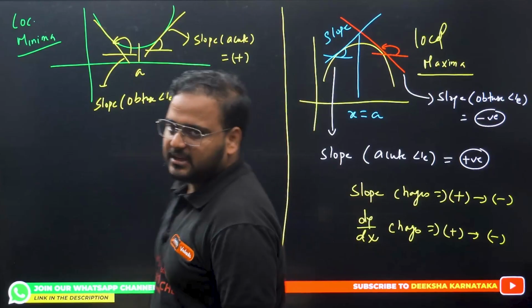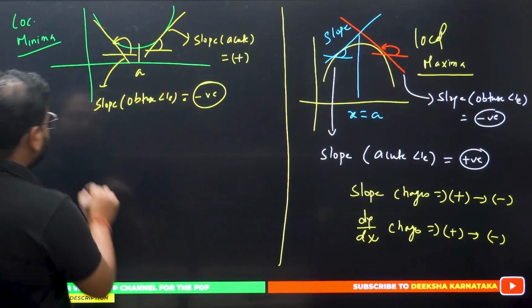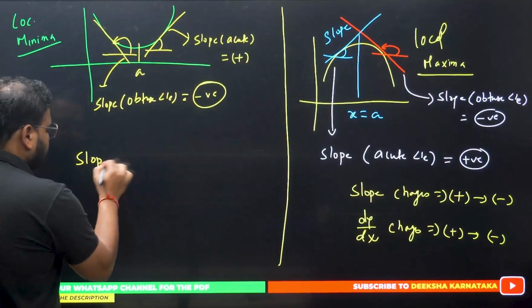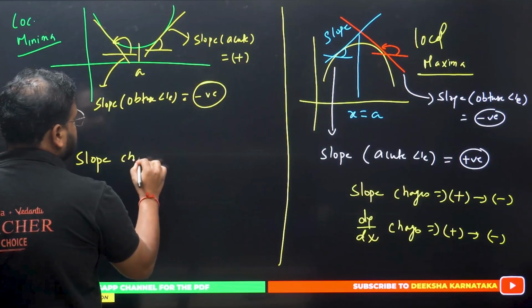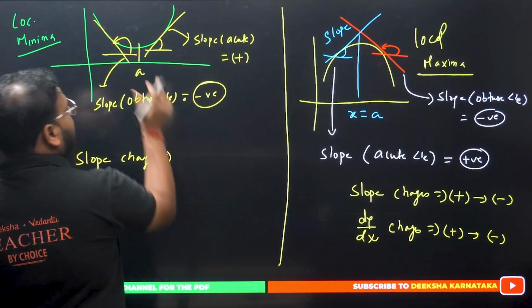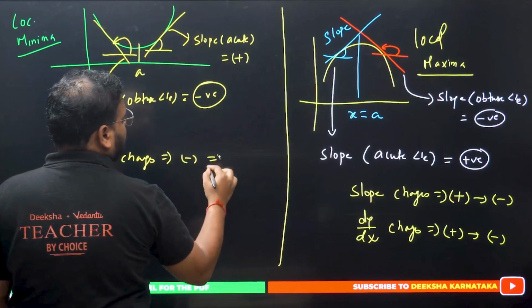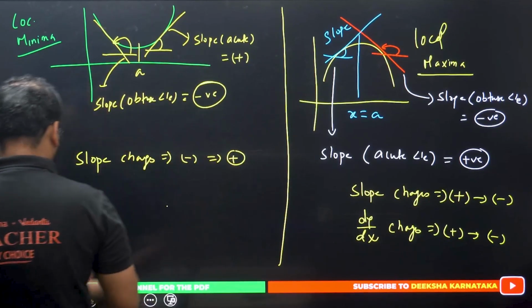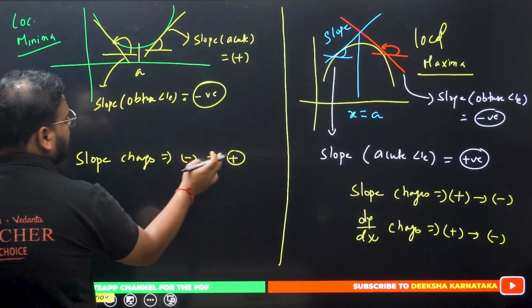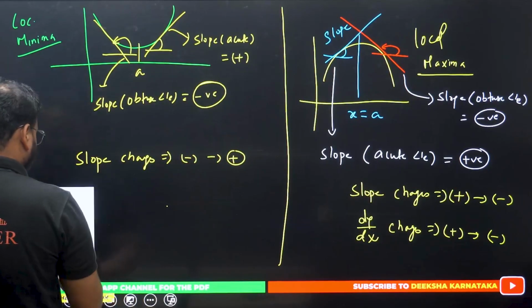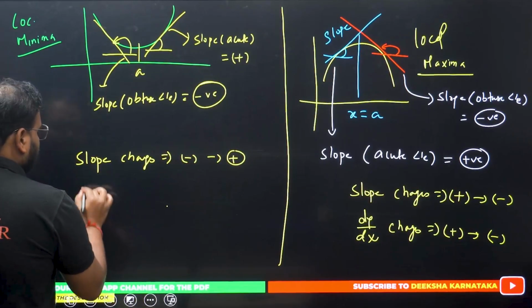So same thing, please check, the slope changes from minus to plus. Whenever the slope changes from minus to plus, slope means dy by dx.